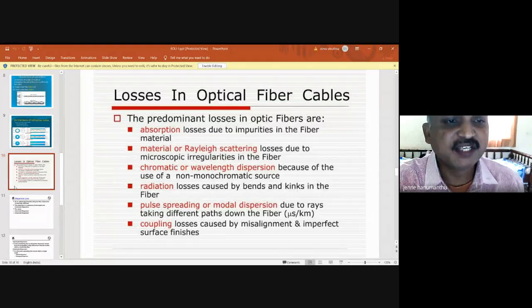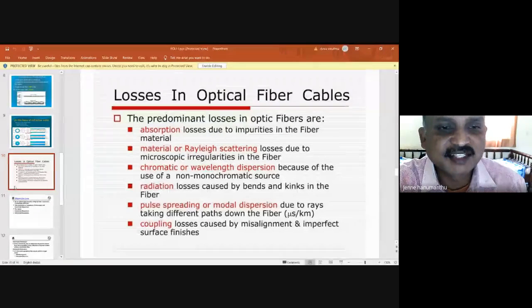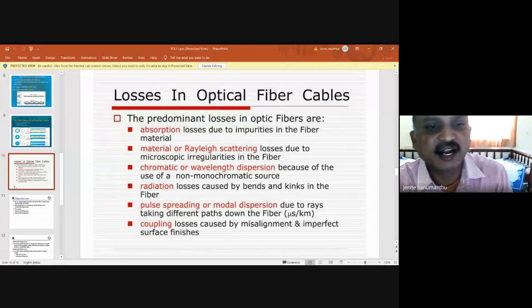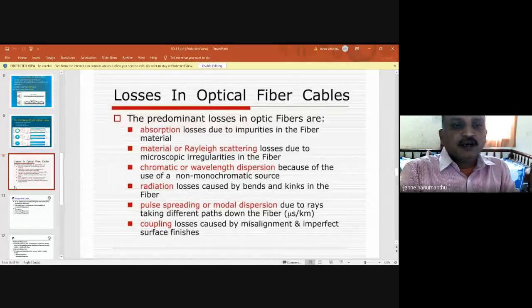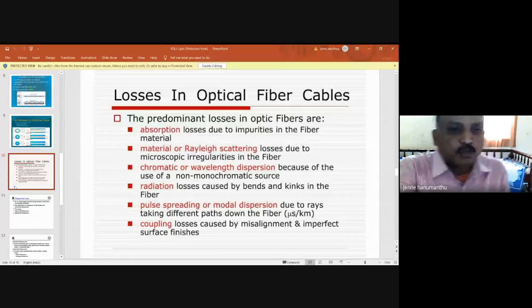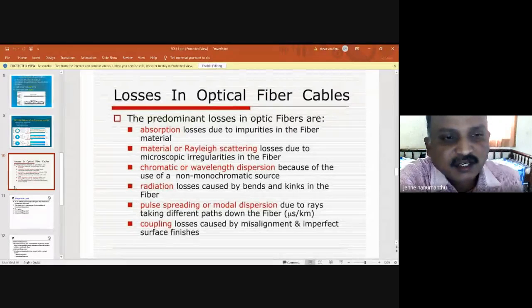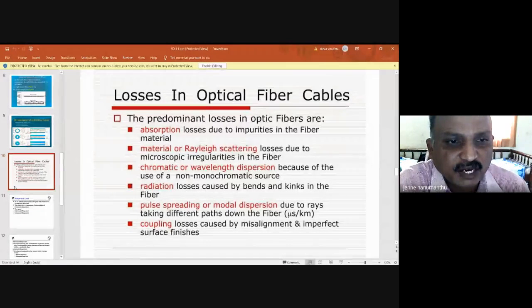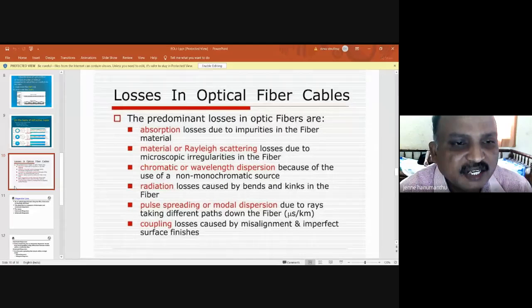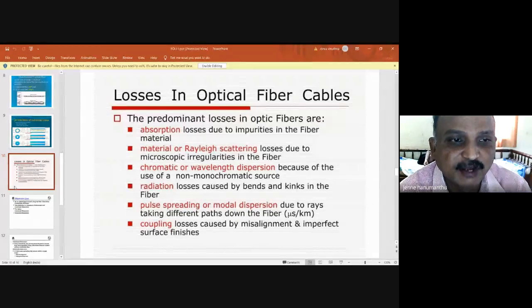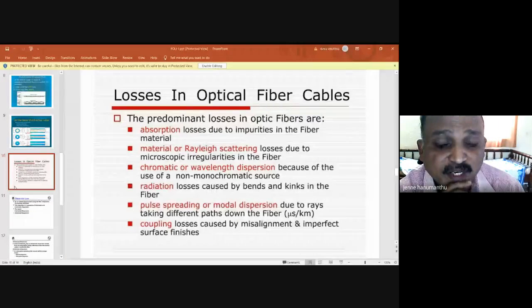Next one is material or Rayleigh scattering. Scattering may be of two types, material and waveguide. Material scattering is also called Rayleigh scattering. These are losses due to microscopic irregularities in the fiber. What is the meaning of this?